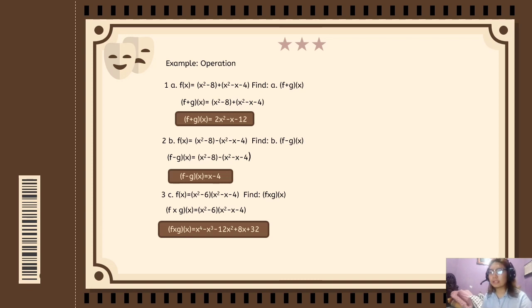Therefore, ang sagot natin, x raised to 4th, 6x plus 2, negative 10x pala to, negative x raised to 4, negative 10x squared.